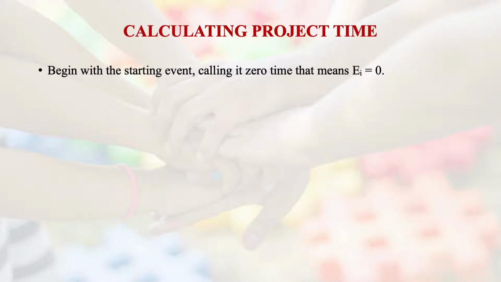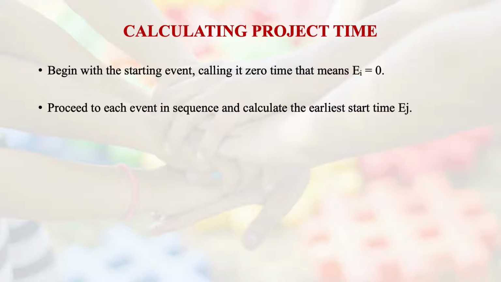Now we begin with the starting event, calling it 0 time. That means E1 happens to be 0 for the starting event, right? And we proceed to each event in sequence and compute the earliest start time EJ for all other events.